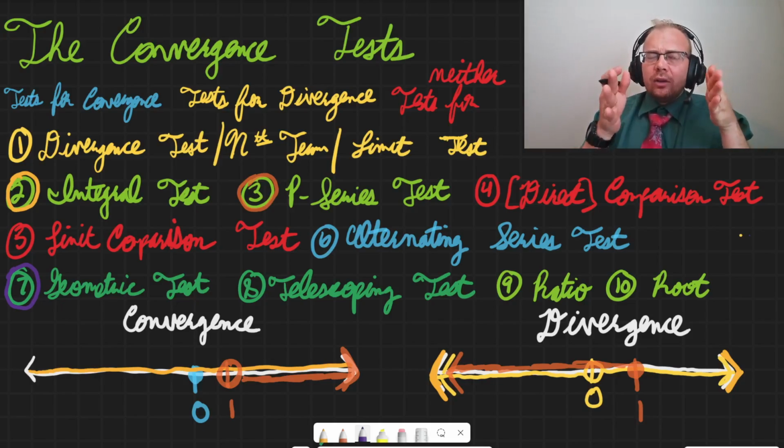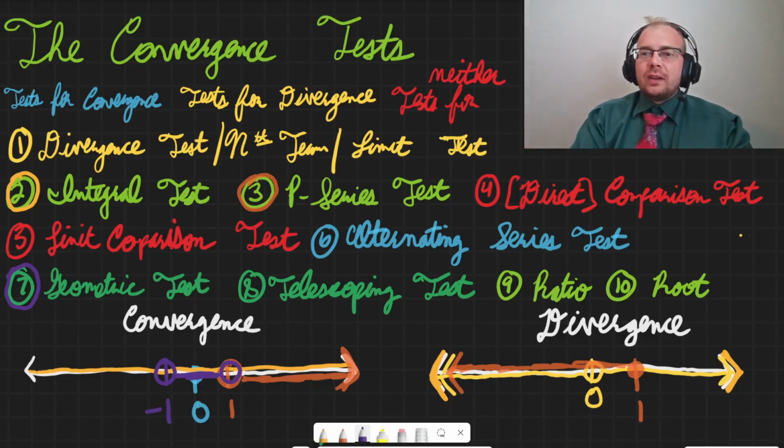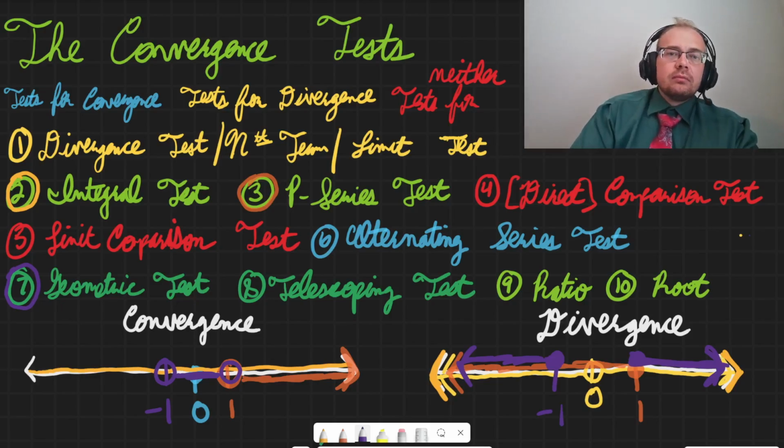So that's our convergence area, not including 1 or -1, but something in between. Of course, if it isn't in between, like if it's -1 or less, or if it's 1 or more, then it would diverge.